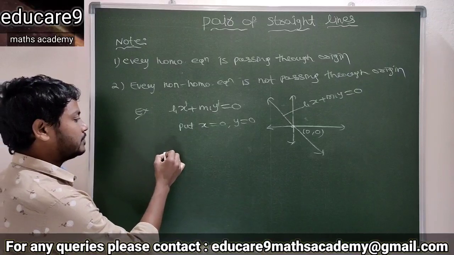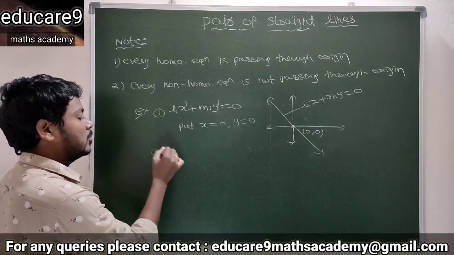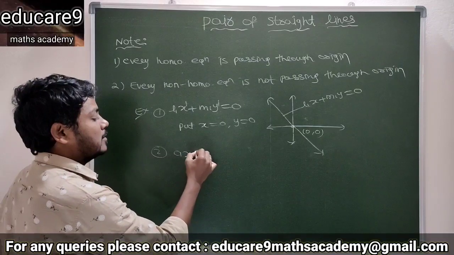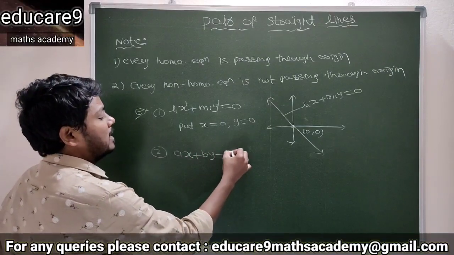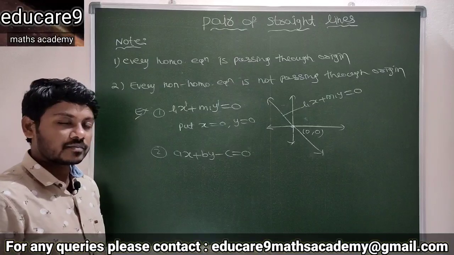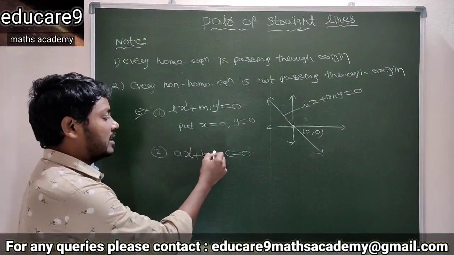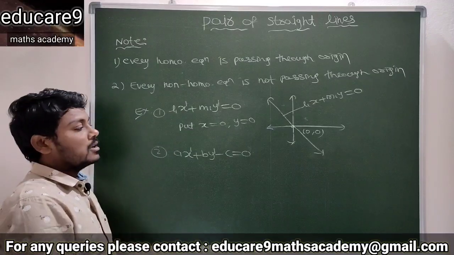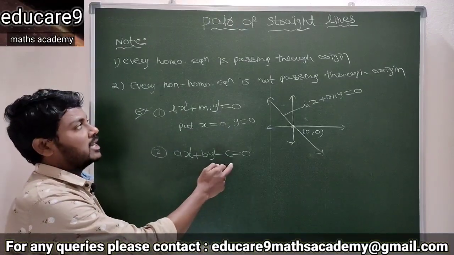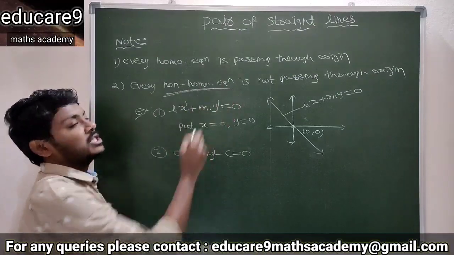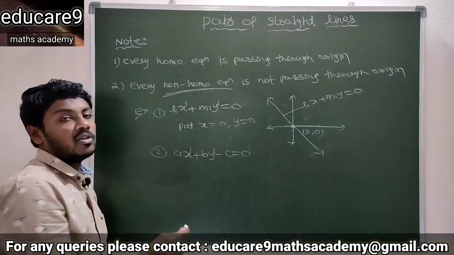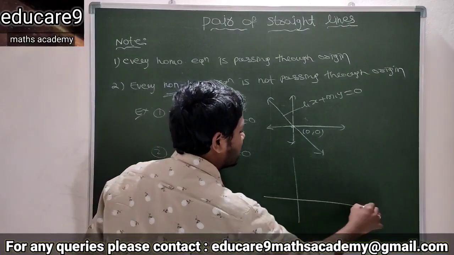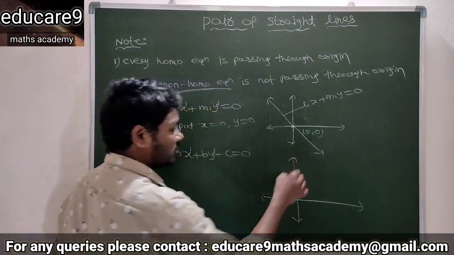And the second example, ax plus by minus c equals 0. Here degree 1, degree 1, but c is a constant, so its degree is 0. So this equation is non-homogeneous, because it does not have the same degree. It is not passing through the origin.